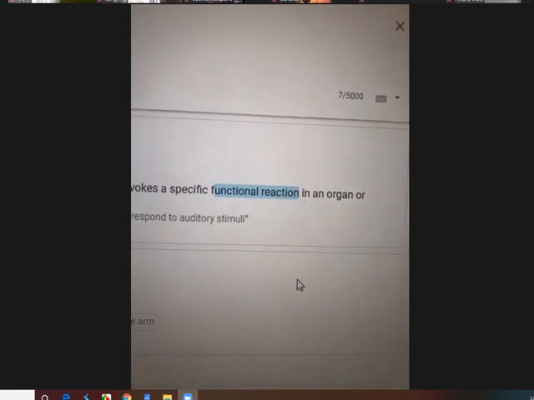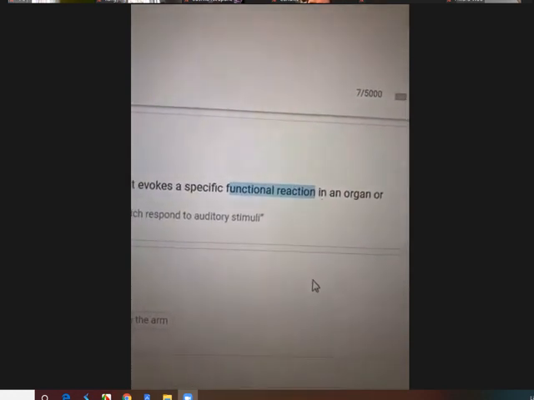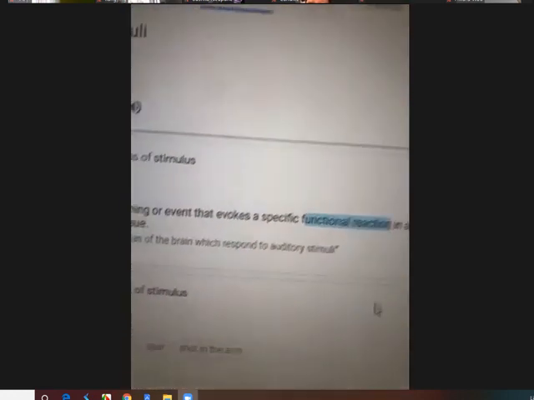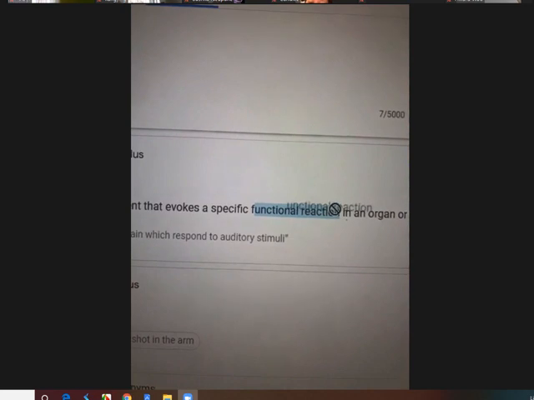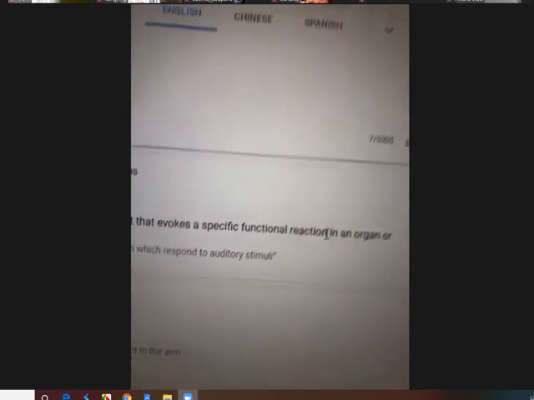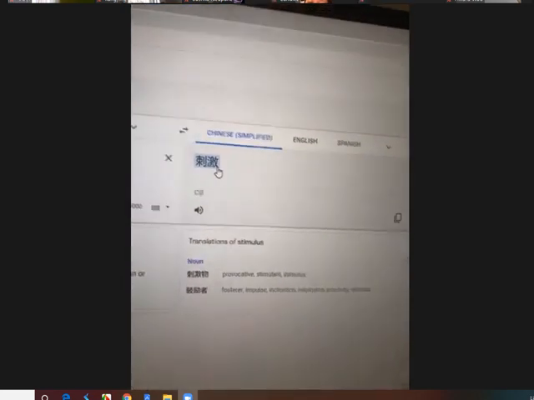For example, fire. When you come close to a fire, you feel heat. So the fire is a stimulus. It's a thing that causes your body to have a reaction. So stimuli means 刺激.